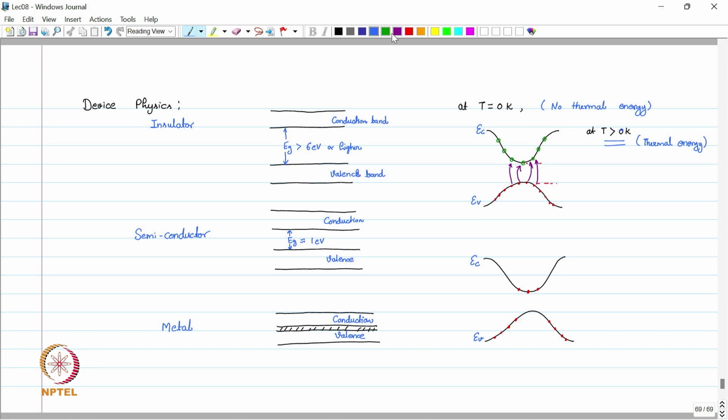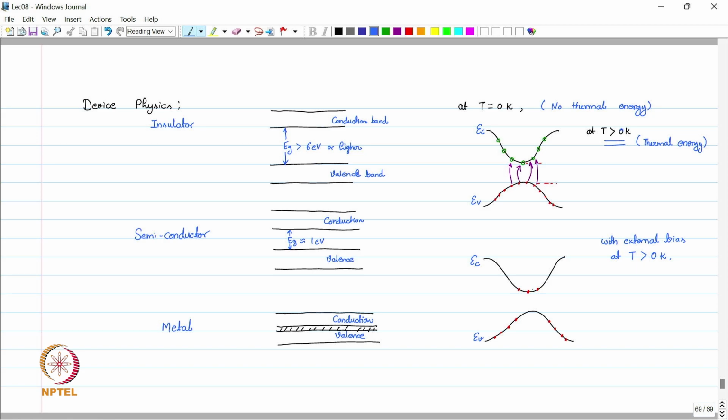Now if we apply an electric field, this is with external bias, at T greater than 0 Kelvin.